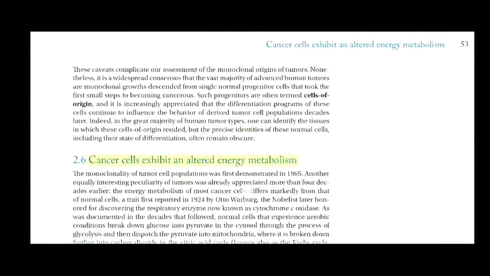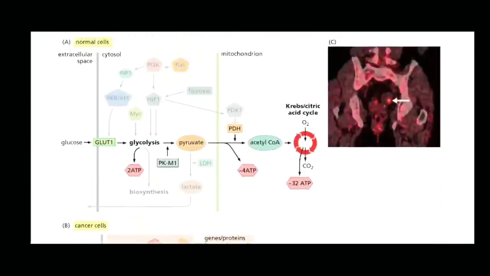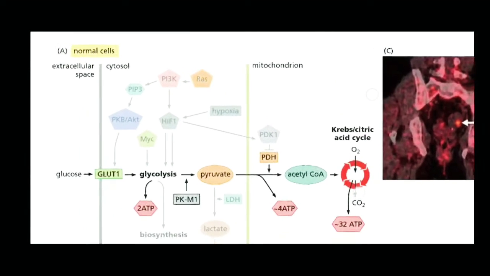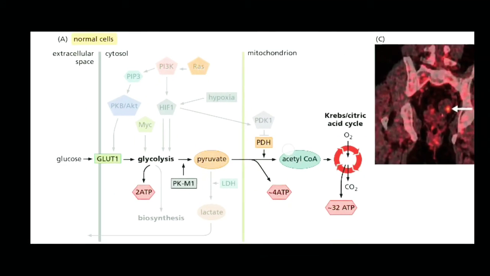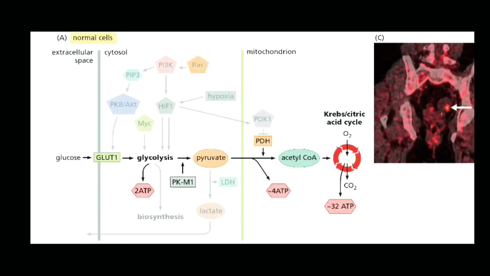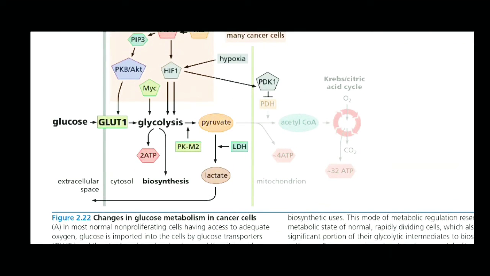Okay, so cancer cells exhibit an altered energy metabolism. That's important. Let me show this picture. These are normal cells. First thing you see is that pyruvate is going through the Krebs cycle to produce a huge amount of energy from a single glucose molecule. In the cancer cell, this pyruvate is unable to move to the Krebs cycle inside the mitochondria because of the lack of some enzymes.